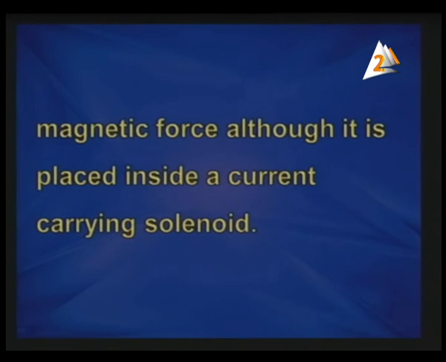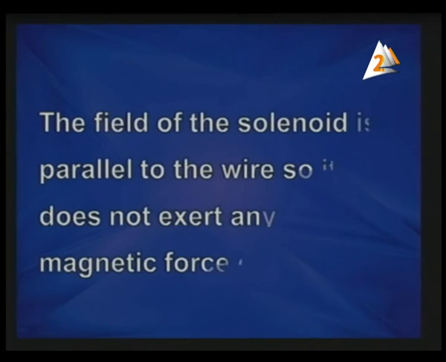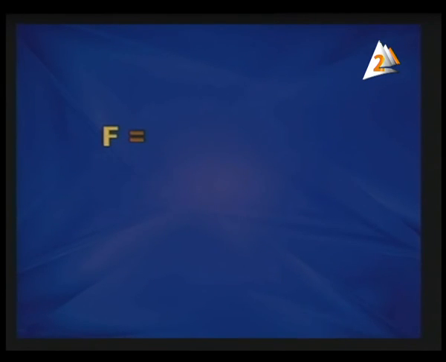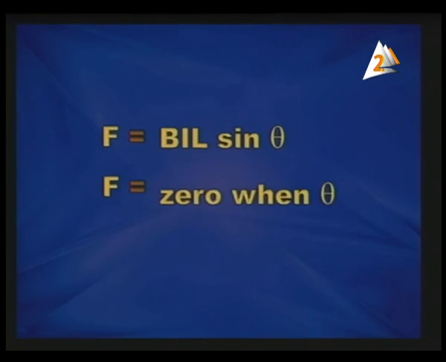It experiences no magnetic force, although it is placed inside a current-carrying solenoid, simply because the field of the solenoid is parallel to the wire, so it doesn't exert any magnetic force on it. The force is given from the expression B I L sine theta. So the force equals 0 when theta is 0.